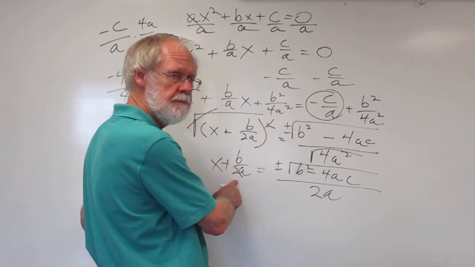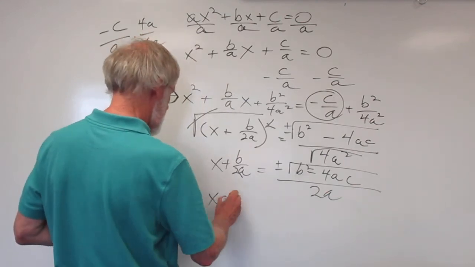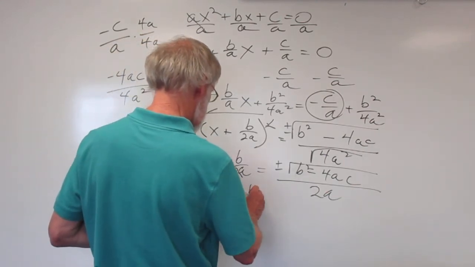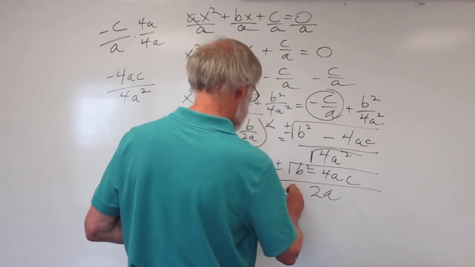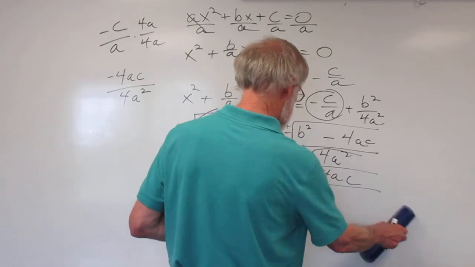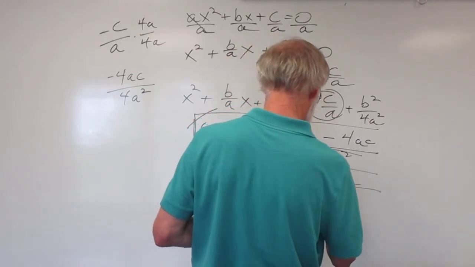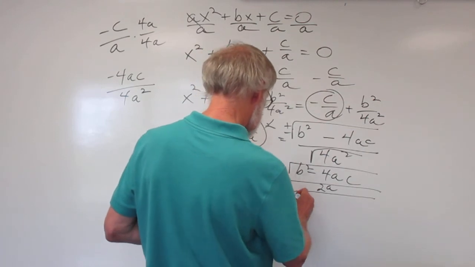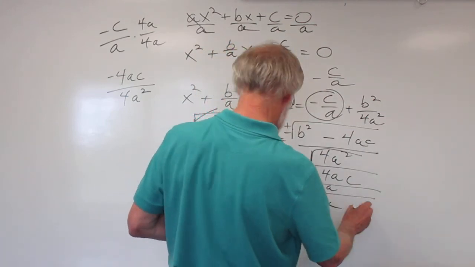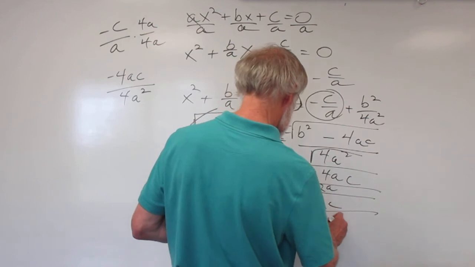Now I subtract b over 2a from both sides. I get x equals negative b over 2a plus or minus the square root of b squared minus 4ac, and that's over 2a.